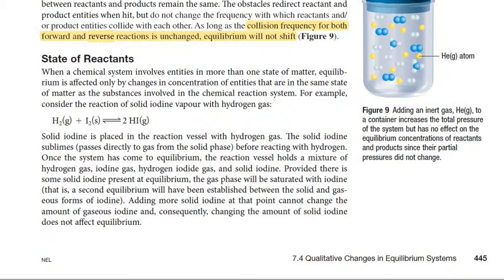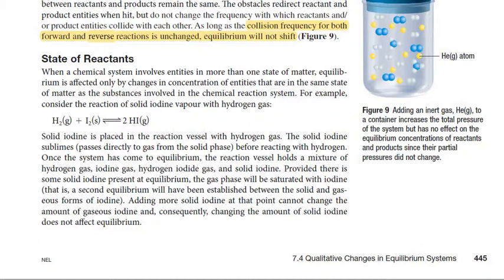For example, consider the reaction of solid iodine with hydrogen gas. So H2 plus I2 is going to give us 2HI. Solid iodine is placed in the reaction vessel with hydrogen gas. The solid iodine sublimes. It means that it passes directly to gas from the solid phase before reacting with hydrogen.